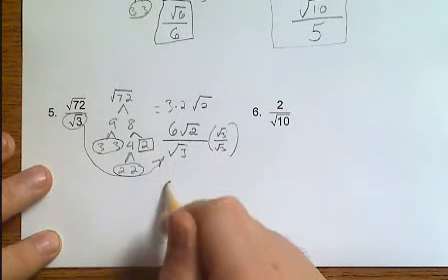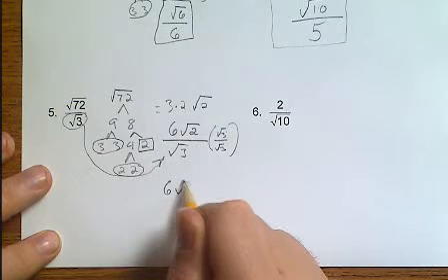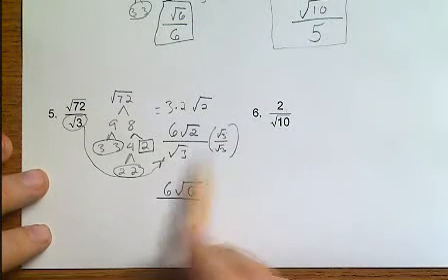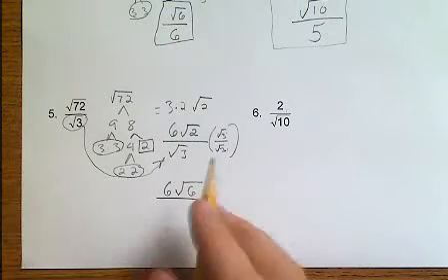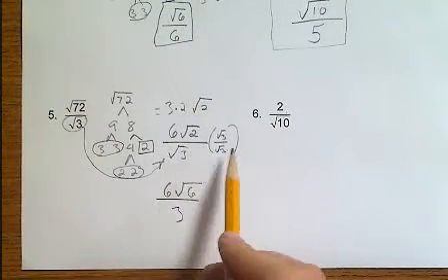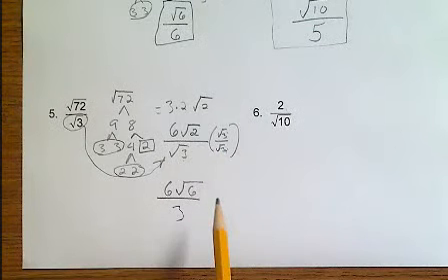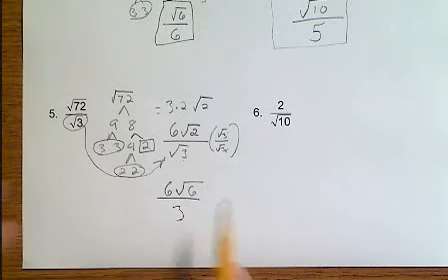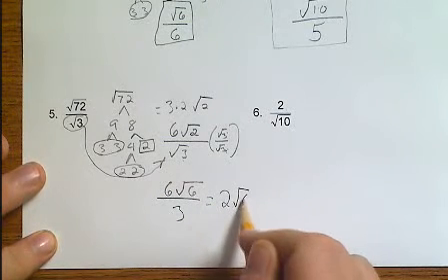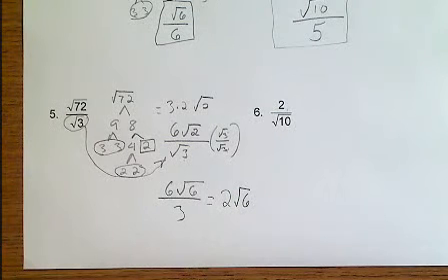So I've got 6 on the square root of 6 over, well, 3 times 3 makes 9. The square root of 9 happens to be just regular 3. Again, the square root of 3 times the square root of 3 is regular 3. But I can simplify this a little bit further. 6 divided by 3 is 2 on the square root of 6.